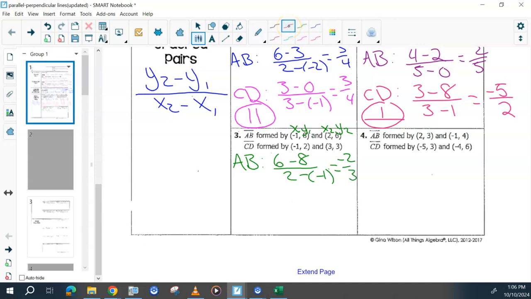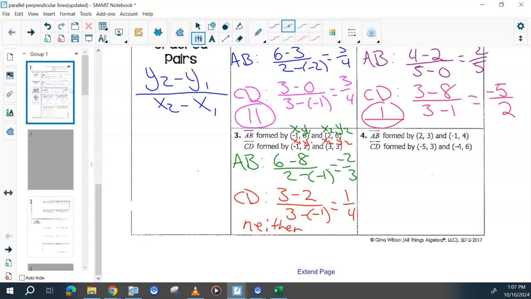And then the last one, CD: 3 minus 2 over 3 minus a negative 1. What would that slope be? 1/4. Are those parallel, perpendicular, or neither? Neither, because they're not the same, they're not reciprocals. They have nothing to do with each other.